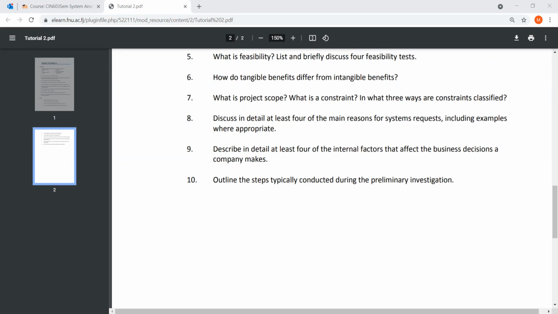Controls to ensure that data is secure and accurate. Full stop.